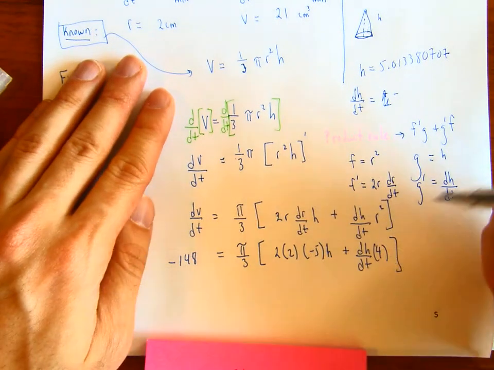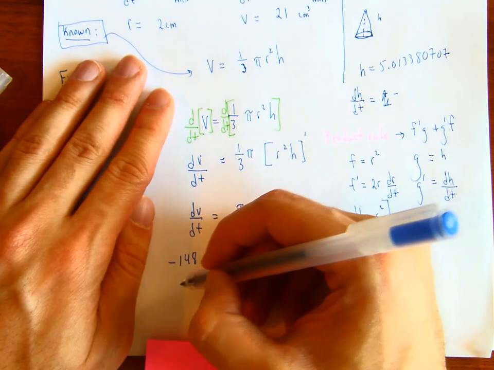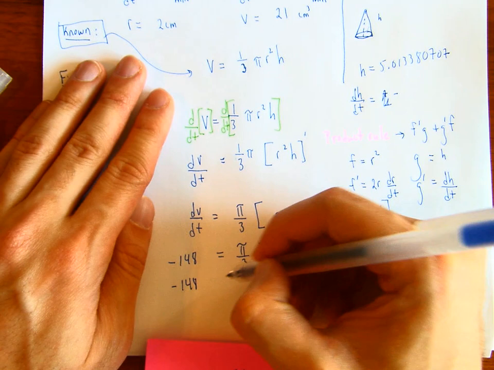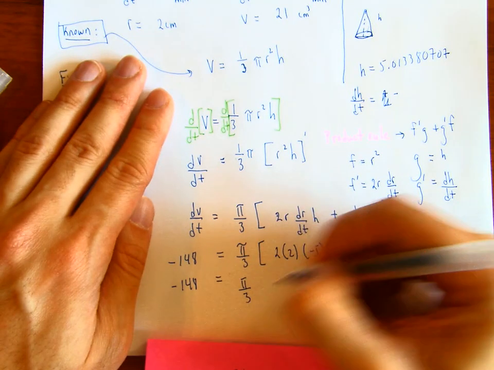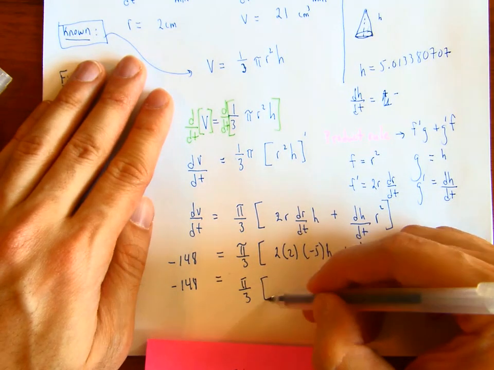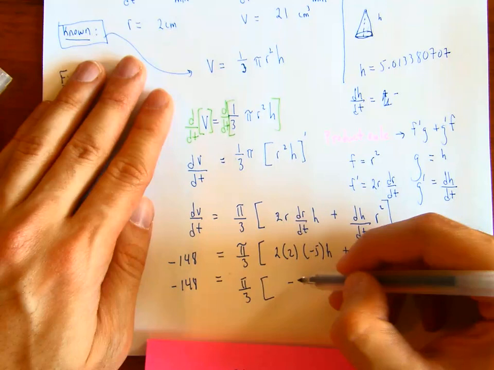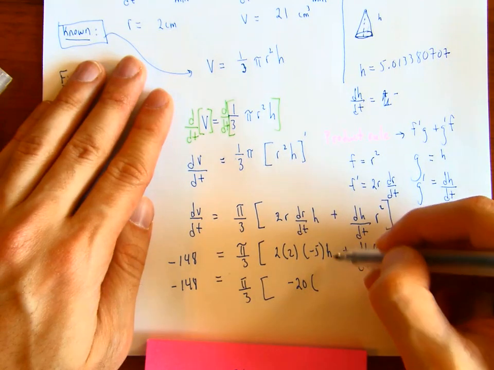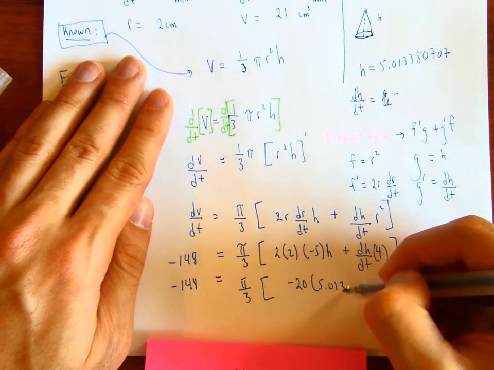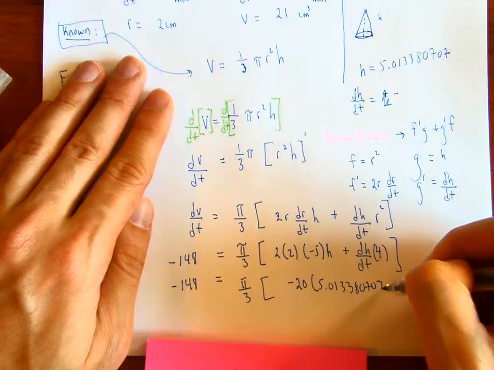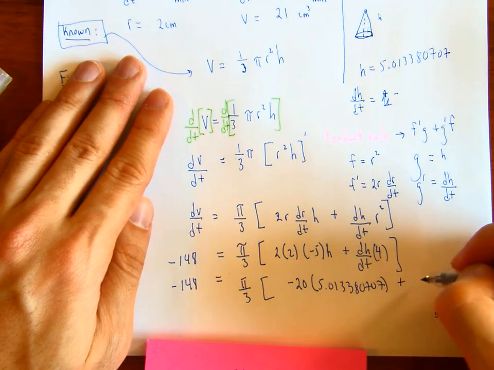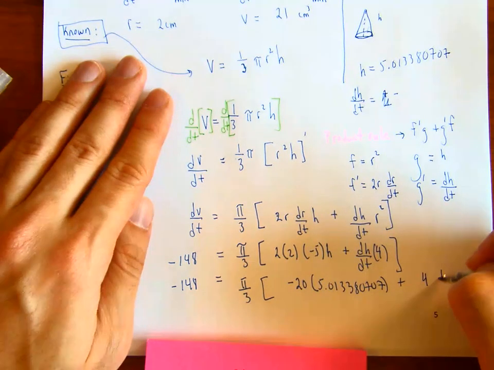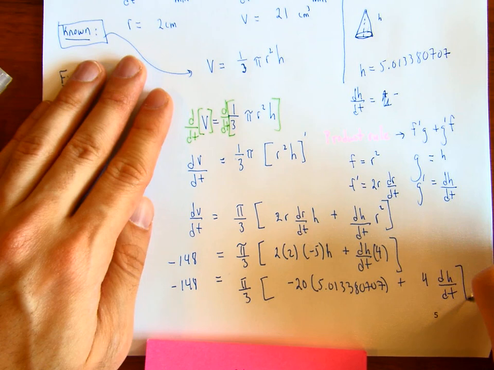Negative 148 equals pi over 3 times, okay, now this is 4 times negative 20 times, we have h now, so it's 5.013380707 plus 4 times dH/dt.